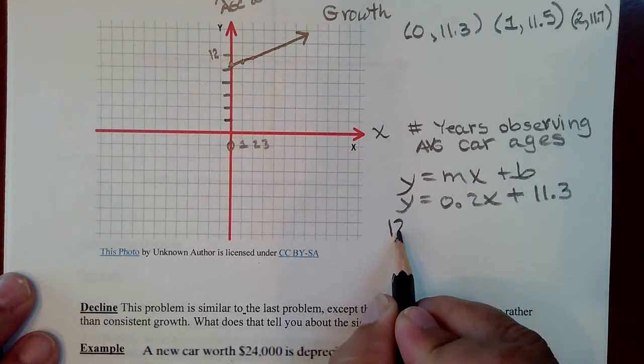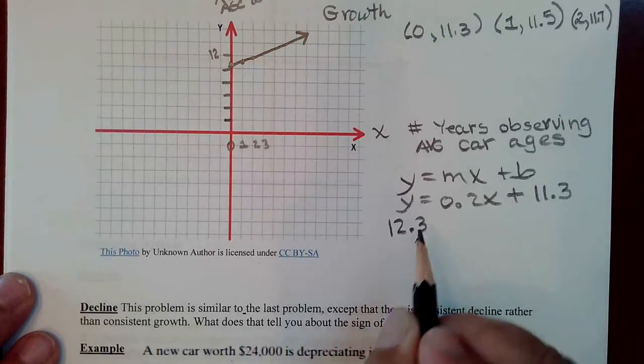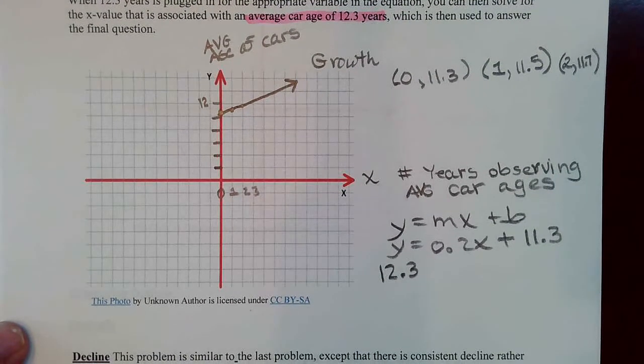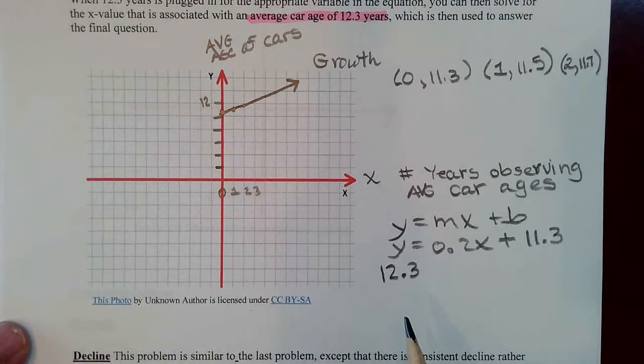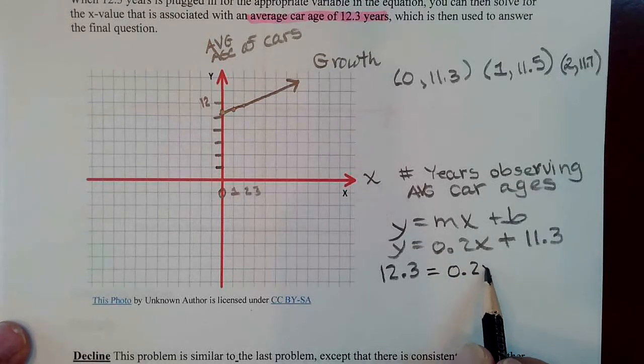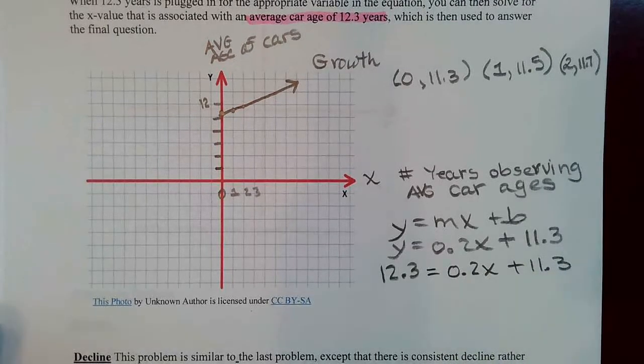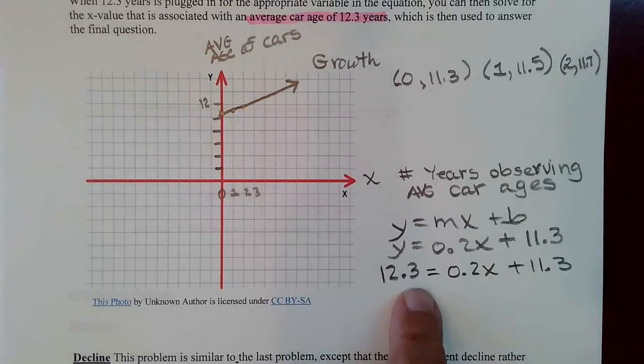When the average age, which is what y stands for, again, look at how that y-axis is labeled. It stands for the average age of cars. Therefore, any number with that title gets plugged in for y. And then you can just solve for the x value that's associated. If they were to ask you, how many years would it take for the average age of a car to be 18.7?